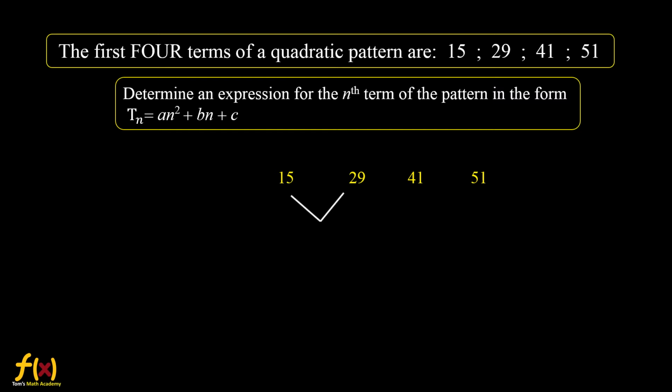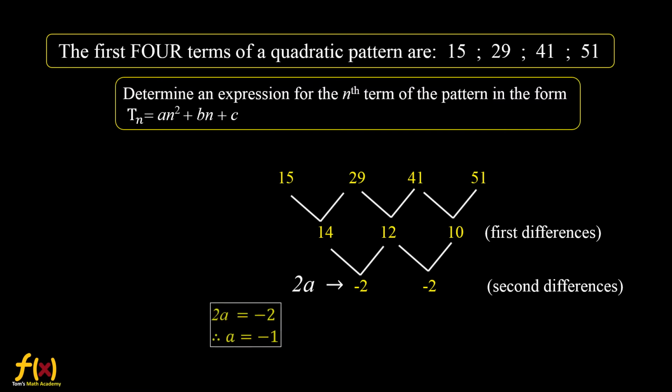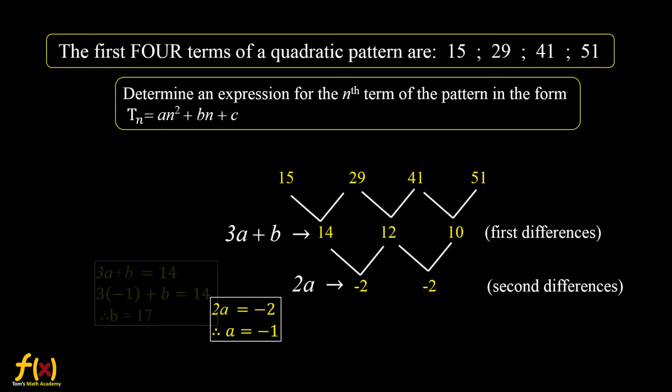We have the first differences. We calculate the first differences, 14, 12, and 10. We calculate the second differences, that is minus 2. And the method, 2a is equal to minus 2. Solving for a, a is equal to minus 1. 3a plus b is equal to 14.